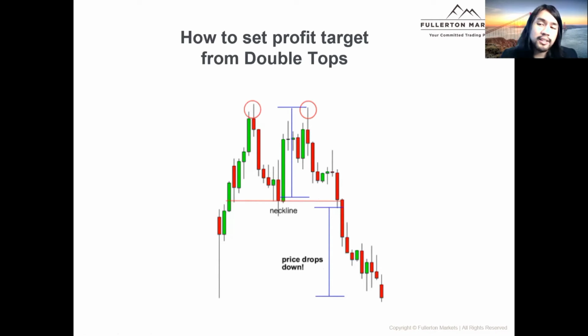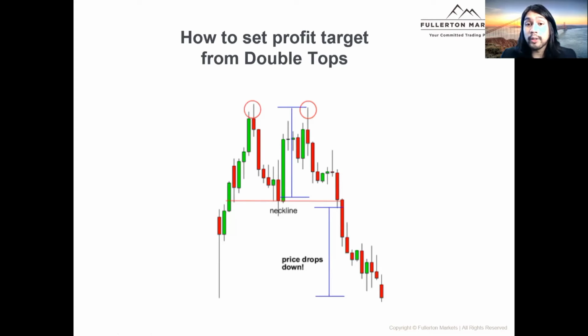Now, you might be asking, where should I put my SL? Well, if you want to have a definite SL, you can put it above the neckline, because if price re-enters that range or that neckline, then you should not be taking the short position at all. Later I will show you why.